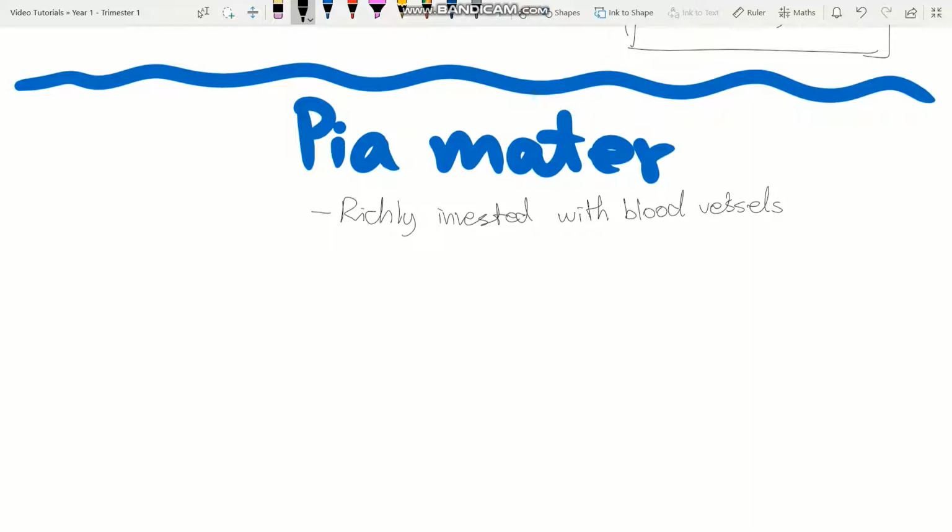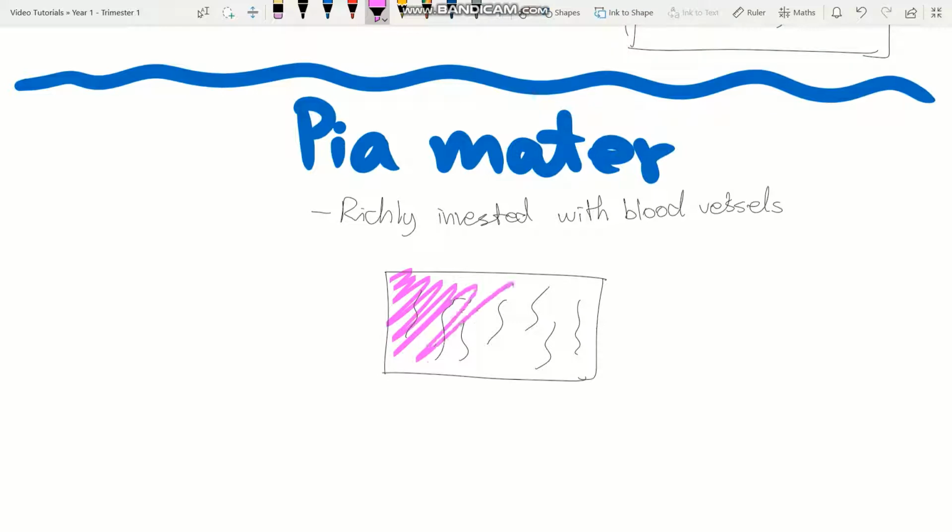So say for example we took a section of the brain, and these were the various gyri and sulci that are present on the surface of the brain, the pia mater would actually quite readily adhere to all of these different shapes on the brain and closely contour it like cellophane.